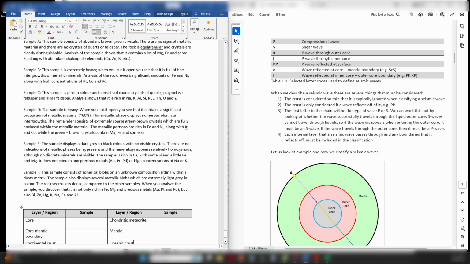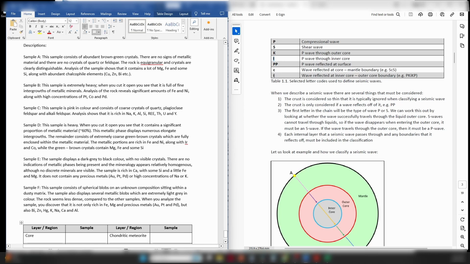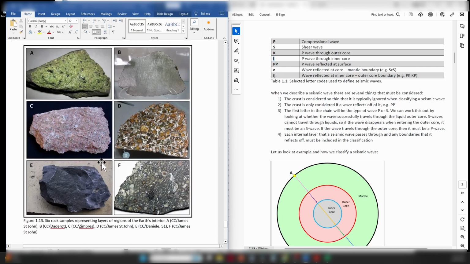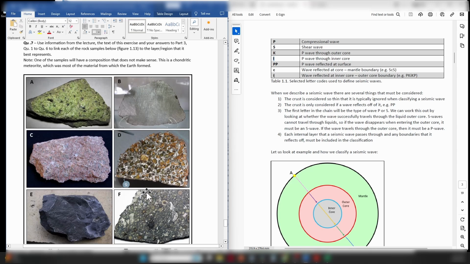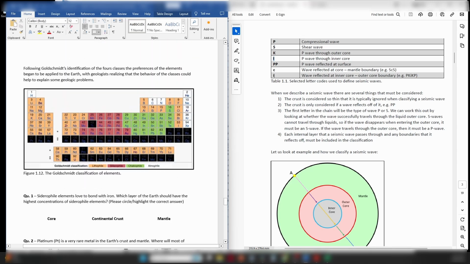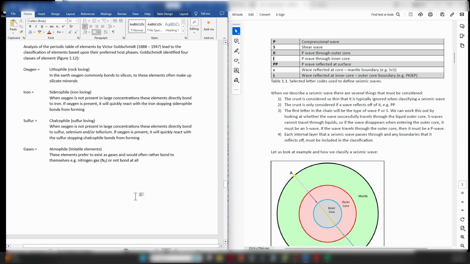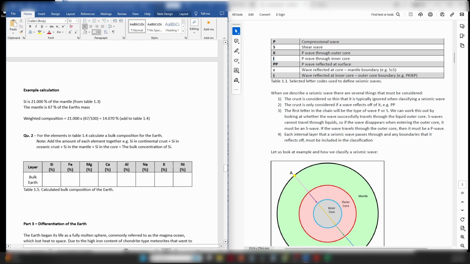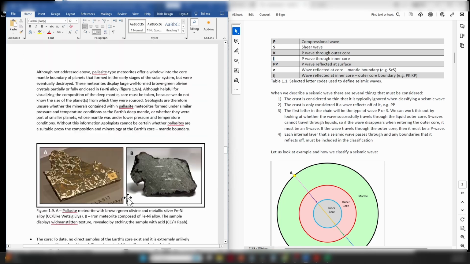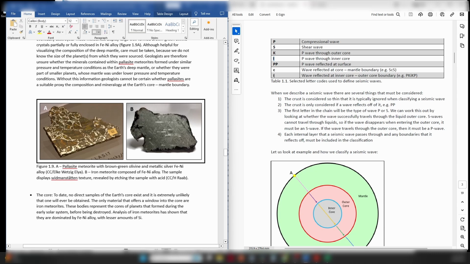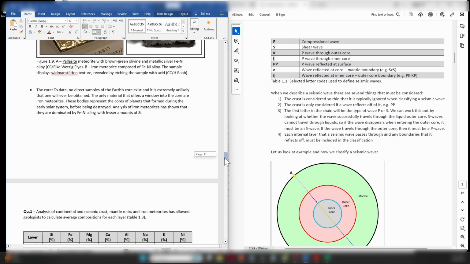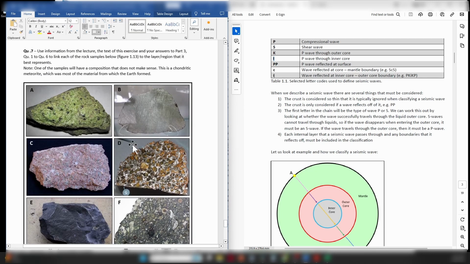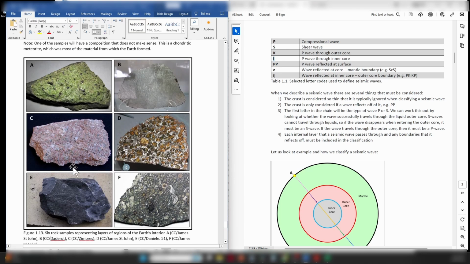So a combination of this information and descriptions, the pictures here, but also the fact that you can compare those pictures to pictures from earlier in the lab exercise, for instance, the pictures in figure 1.9, will give you information about which part of the Earth each sample represents.